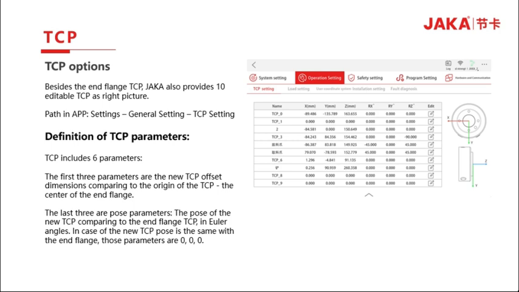The first 3 parameters are the offset dimensions of the new TCP compared to the end flange, while the last 3 are pose parameters, the pose of the new TCP compared to the end flange TCP in Euler angles. In case the new TCP pose is the same as the end flange, those parameters are 0, 0, 0.